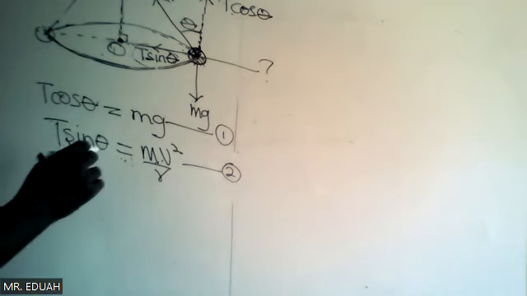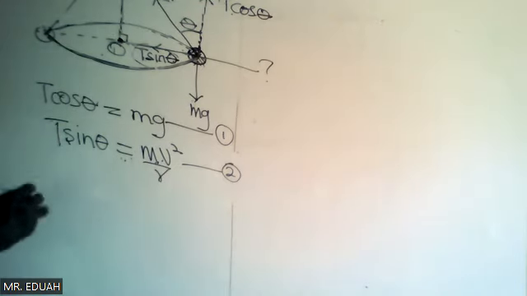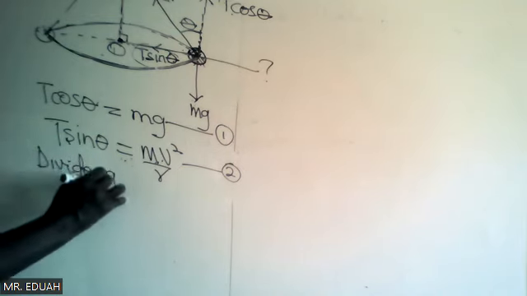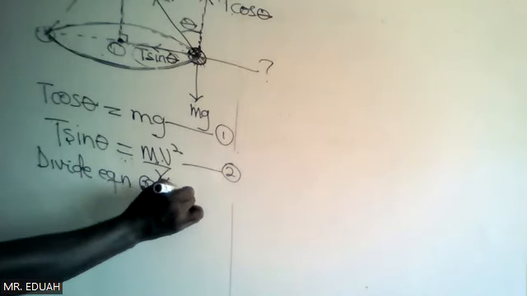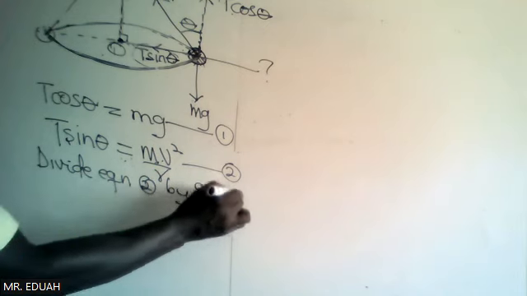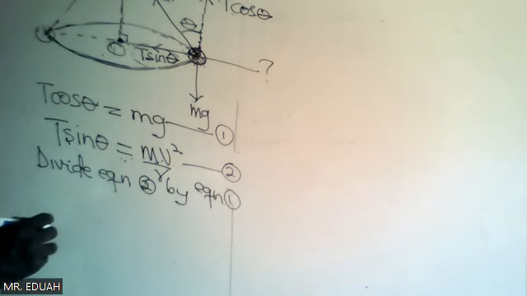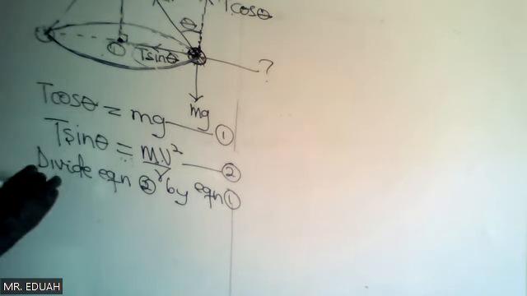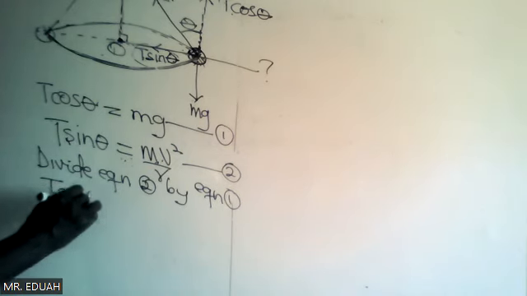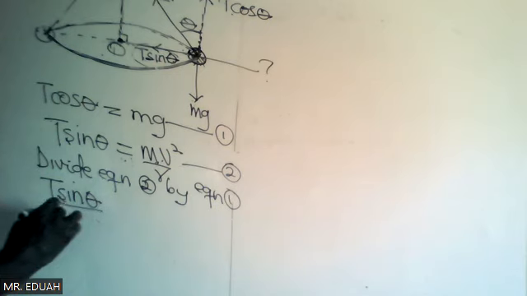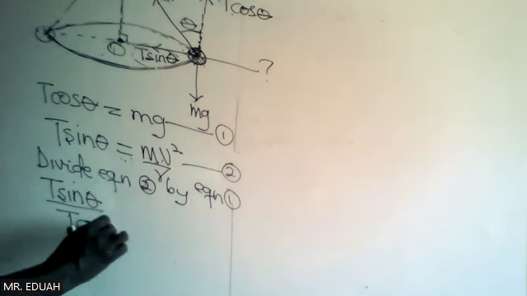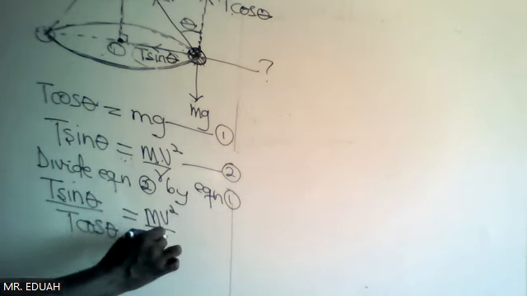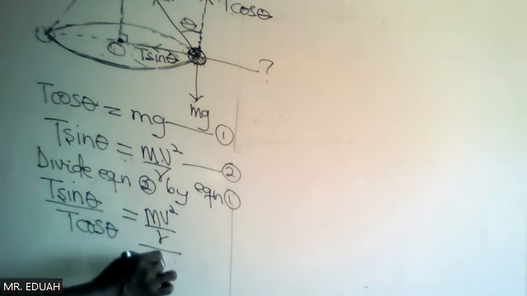Now, if you divide equation 2 by equation 1, left hand side by left hand side, right hand side by right hand side, we have T sine theta over T cos theta equal to mv squared over R divided by mg.